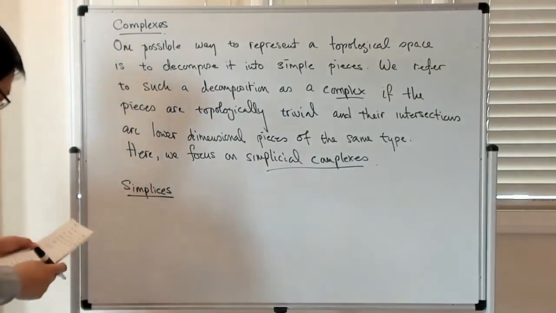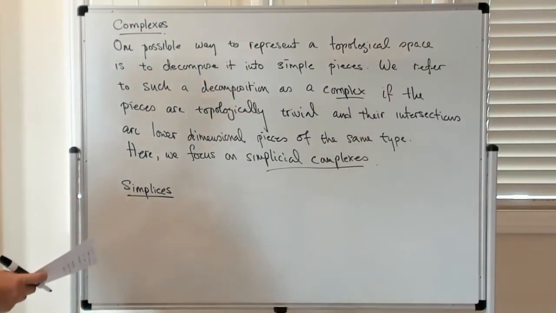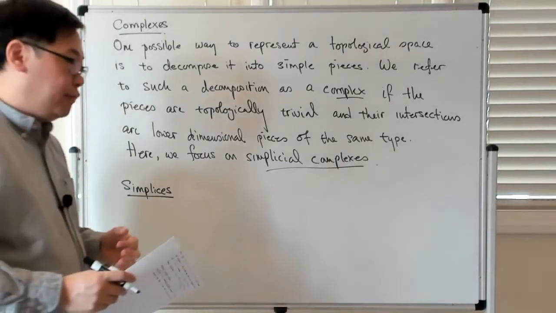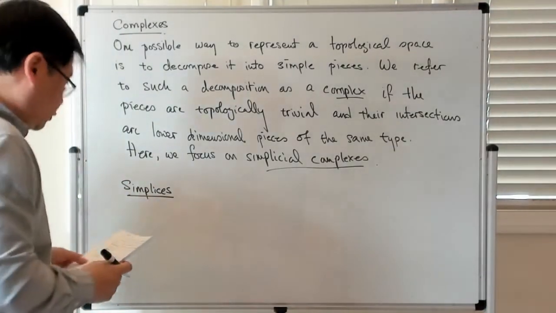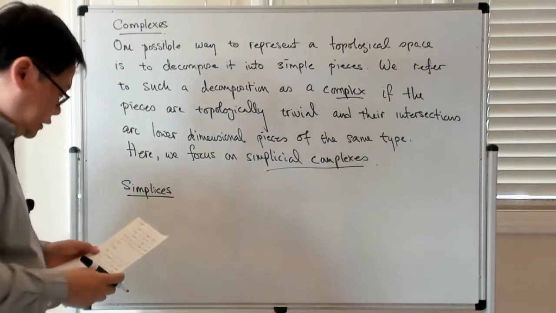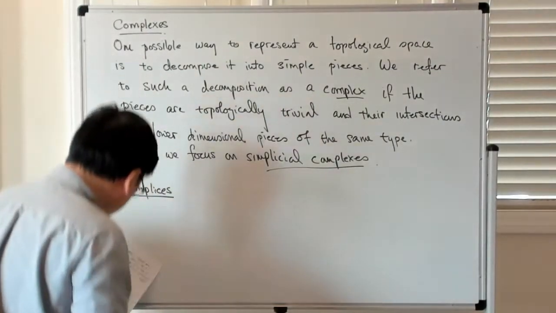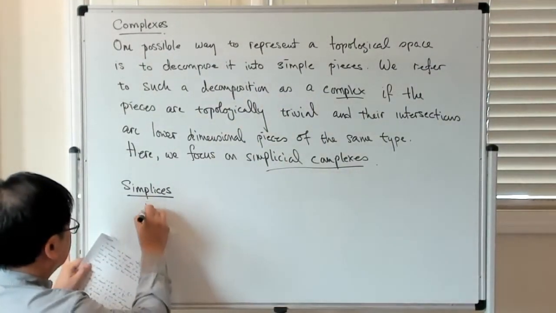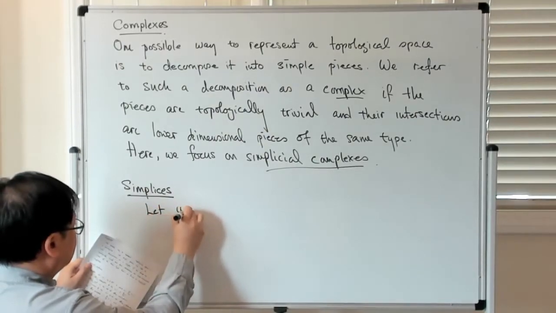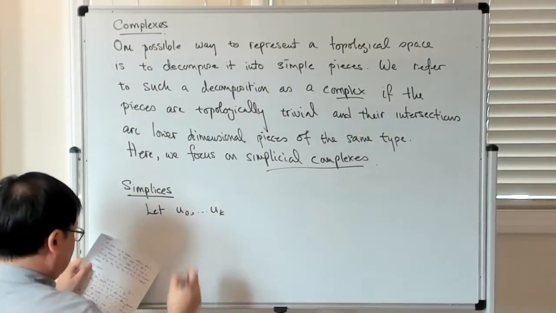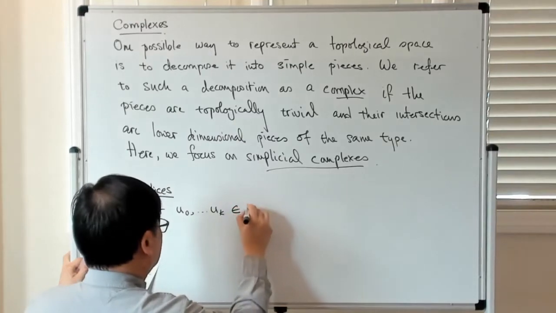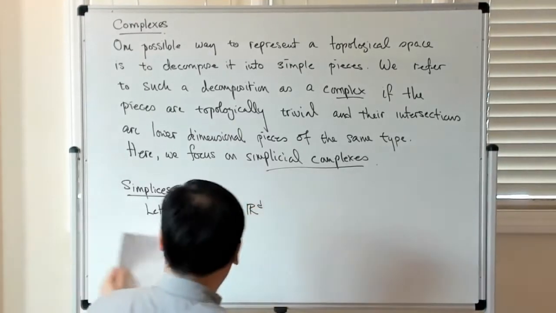Okay, so before we talk about simplices, we're going to introduce the notion of an affine combination of points. Okay, so let's say we have k plus 1 points. So let u0 all the way up to uk be in some, say, d-dimensional Euclidean space.